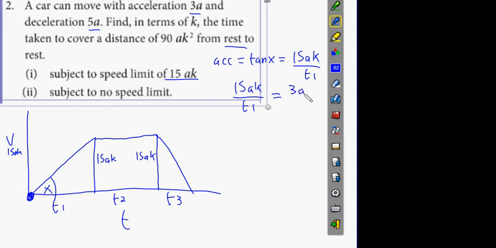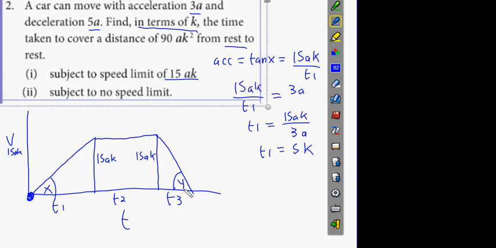Now, I say we isolate T1, and the reason I'm choosing to isolate T1 is it says find in terms of k. So that means I should isolate T1 and have everything in terms of k where possible. So T1 equals 15ak all over 3a. T1 therefore equals 5k. Everybody happy with that?